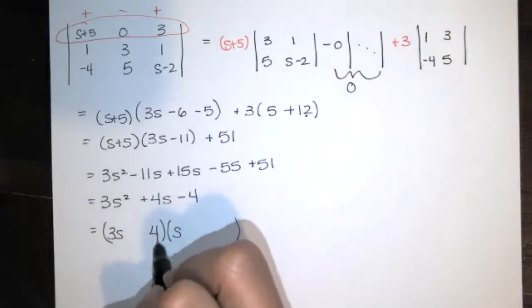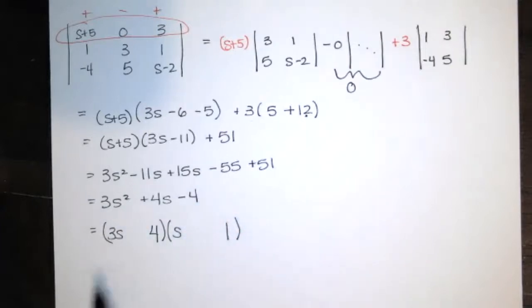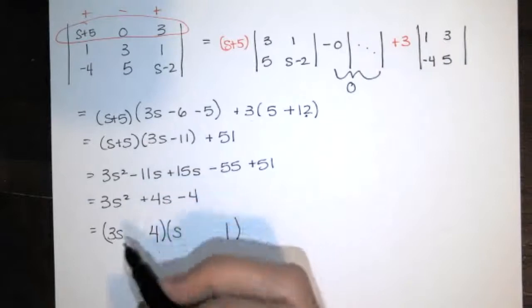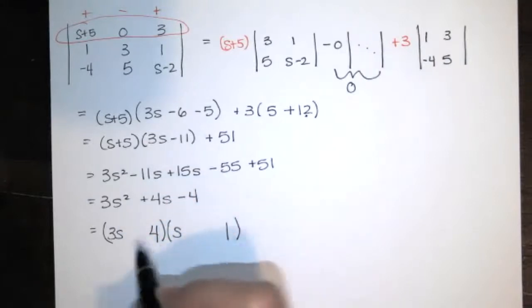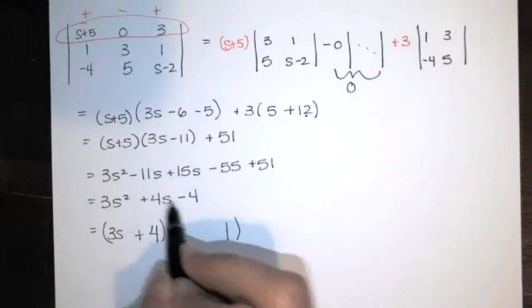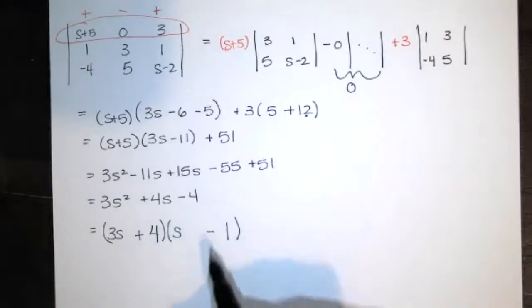If I put a 4 here and a 1 here, that will work because I'll have a 4s and a 3s. Will it? No, it's not going to give me that 4s that I want in the middle, is it? Let's think about it. If I wanted that to be a positive number in the middle, I'd have a plus 4 and a minus 1.